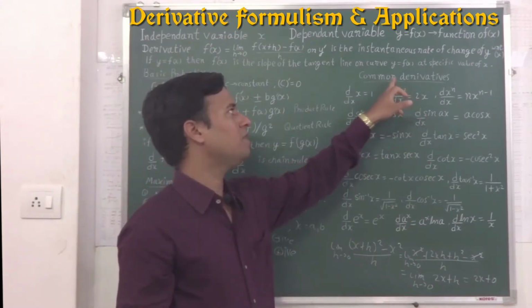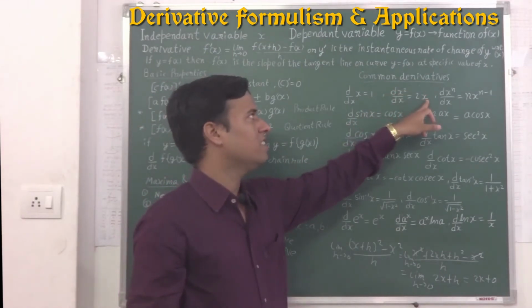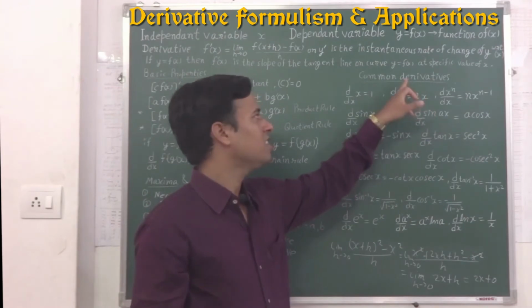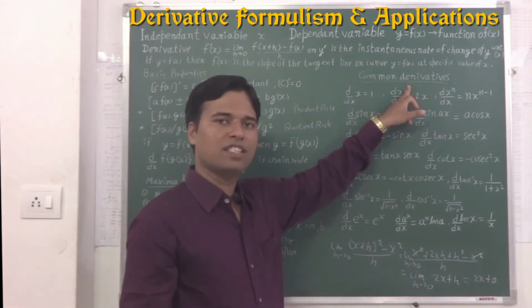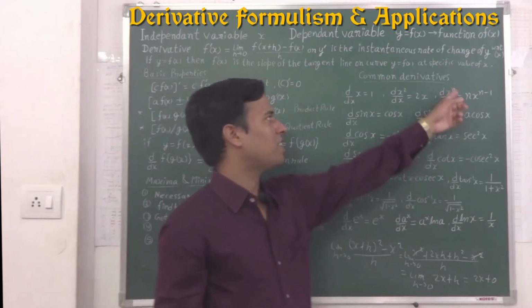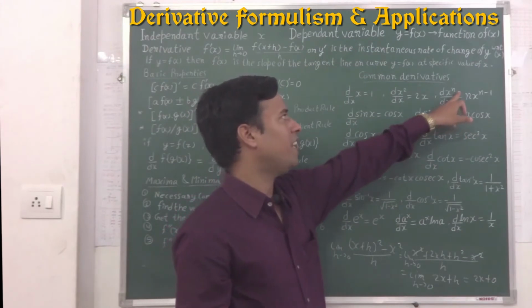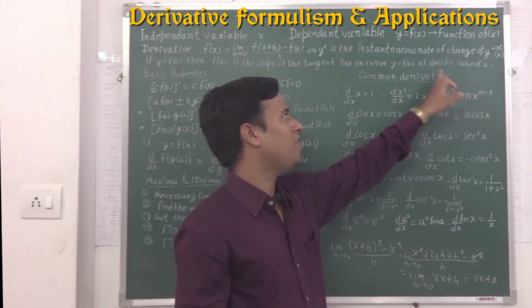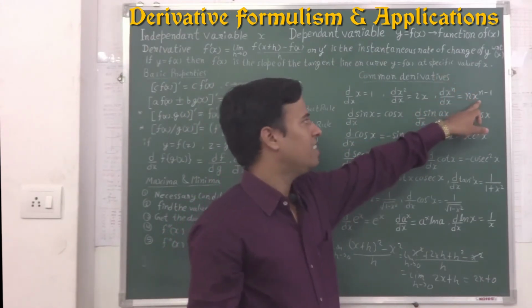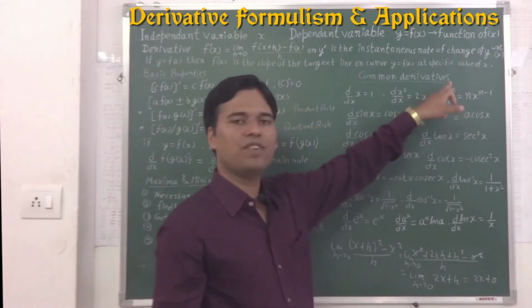The power comes forward and the power of x is one less than the power in the function. If we want the derivative of x power n, we apply the same method to find its derivative: the power comes before, and the power of x is 1 less than the power in the function.